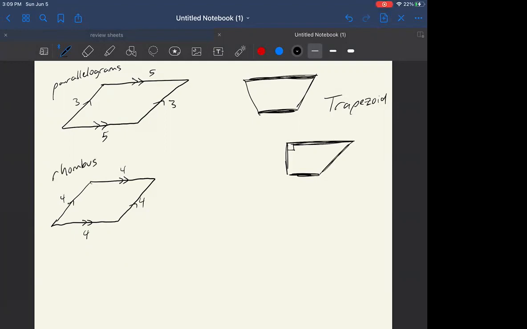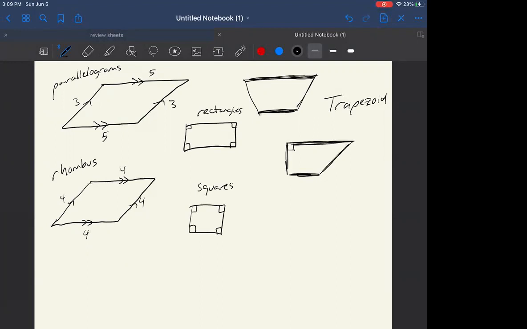That's a rhombus. And then if you start adding in right angles to all the corners, now we're talking about rectangles. And if you have 4 right angles and they're also all the same length, then we're talking about squares, right?